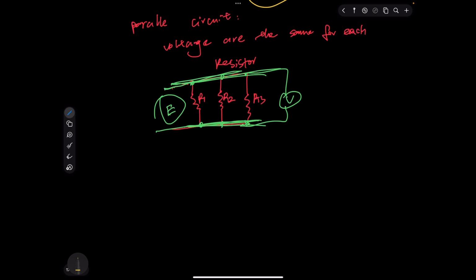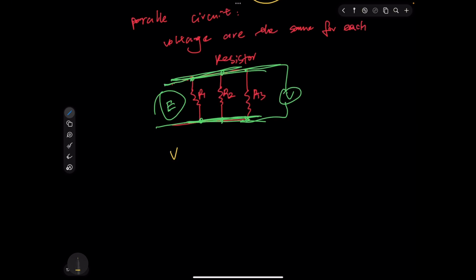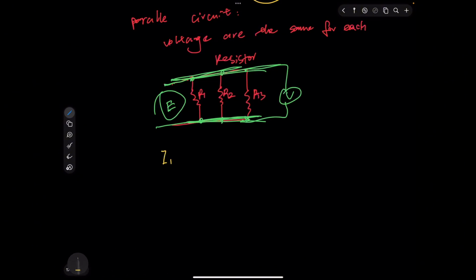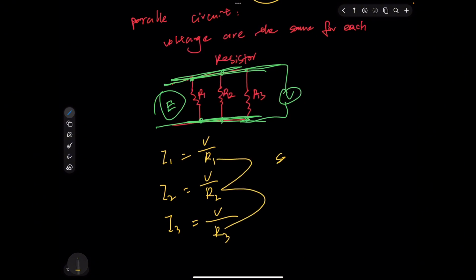But the current flow is different because, let's say, the current will be I1 equal to V divided by R1, I2 will be V divided by R2, I3 will be V divided by R3, unless they have the same resistance. That will give us the same current.